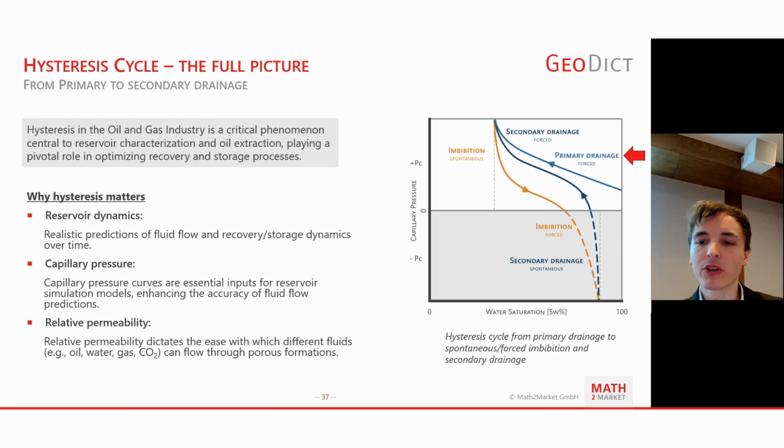As part of the primary drainage, that is what you just saw, we force oil into our structure until we reach a certain point where you have an irreducible water saturation and a maximum oil saturation for that kind of rock.